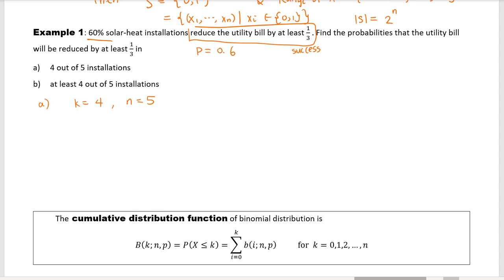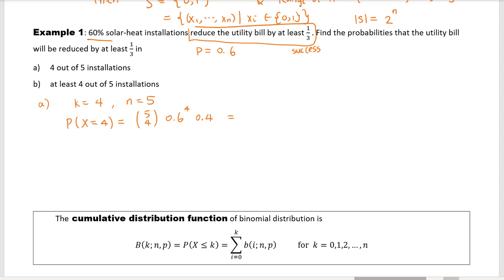Now we are looking for P of X equals 4. In our formula, we have 5 trials, and 4 of them are successes, so that's why 5 choose 4. The success probability is 0.6, and we have 4 successes. The failure probability is 1 minus 0.6, which is 0.4. And what is the number of failures? 5 minus 4, which is 1 failure.